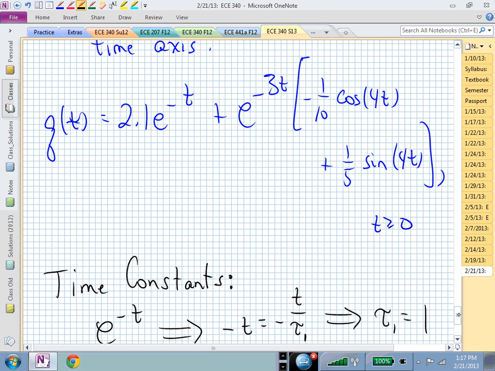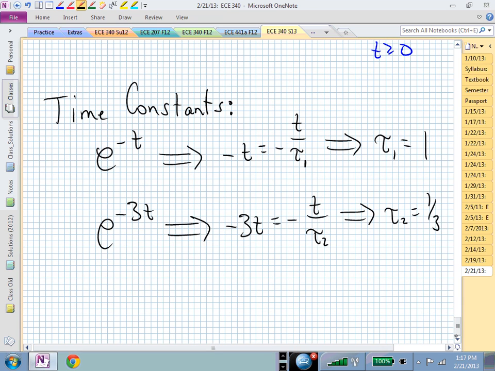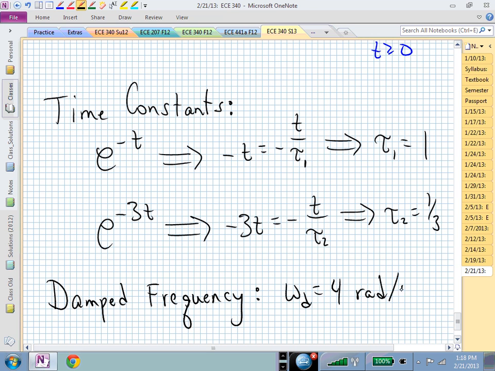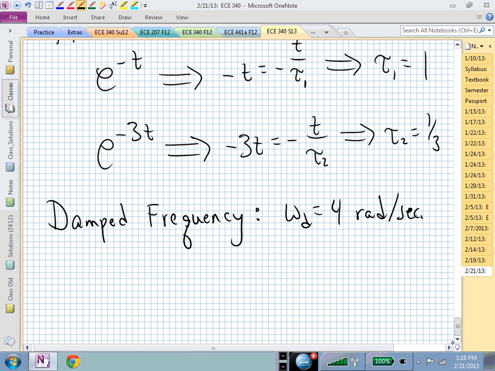What's my damped frequency of oscillation? 4 radians per second. So I not only have the time constants, but I also have the damped frequency. And I think I comment quite a bit, maybe too often, that you need to remember that omega is 2 pi f.